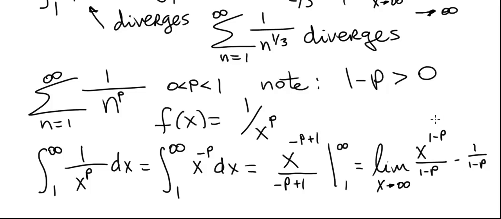Well, because 1 minus p is positive, that's important, this exponent here is greater than 0. Since p is less than 1, this limit will go to infinity, because any time we have x raised to any positive power, doesn't matter how small it is, when x becomes larger and larger, x raised to that power will also become larger and larger.